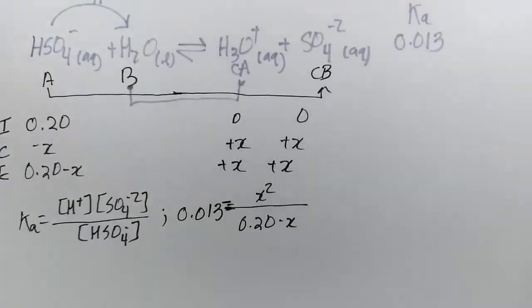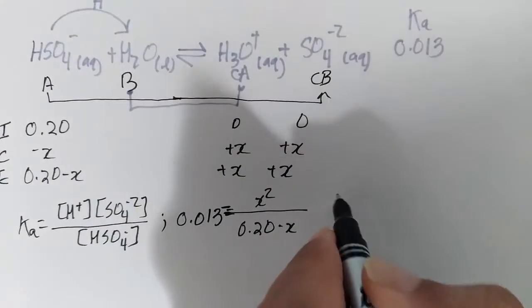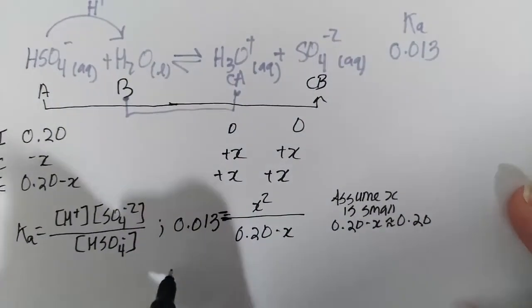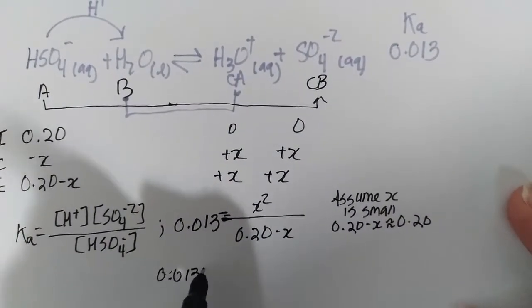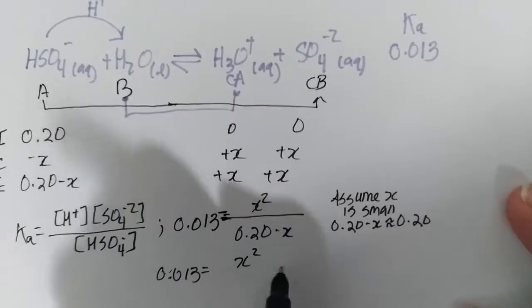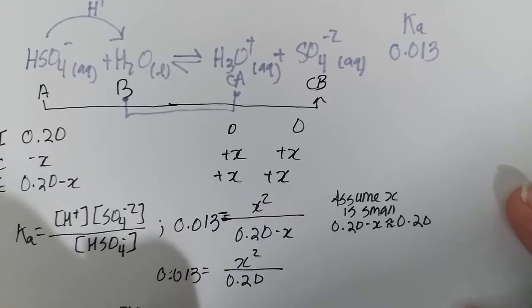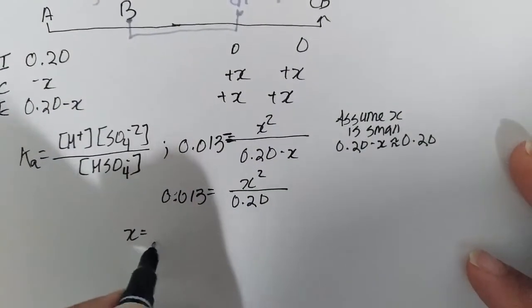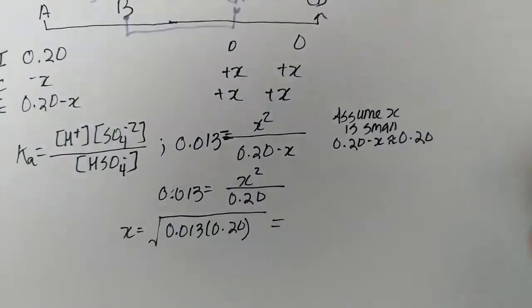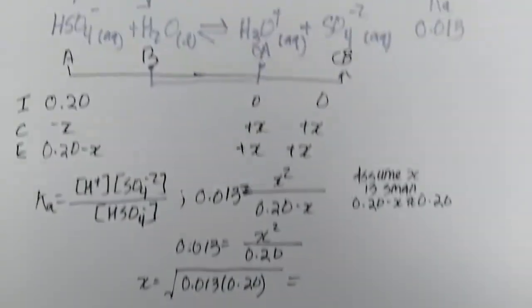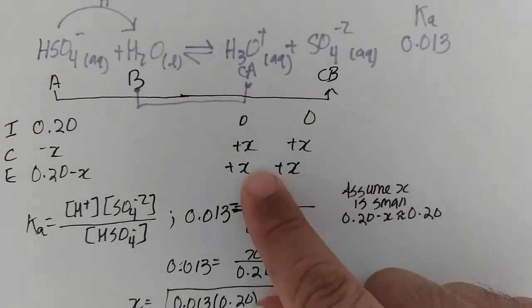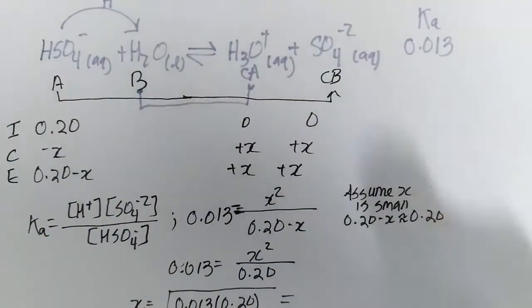I'm going to go ahead and assume x is small. When we do that, the Ka of 0.013 equals x squared divided by 0.2. Solving for x, multiplying by 0.2 and taking the square root will give us my value of x. My value of x is also the value of the H3O+ and the sulfate ion.